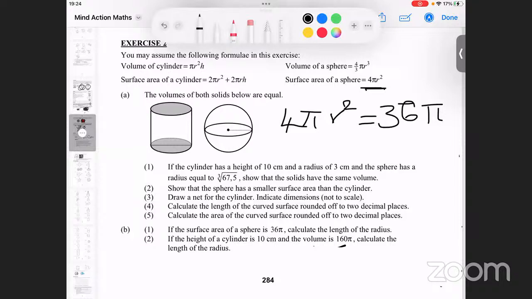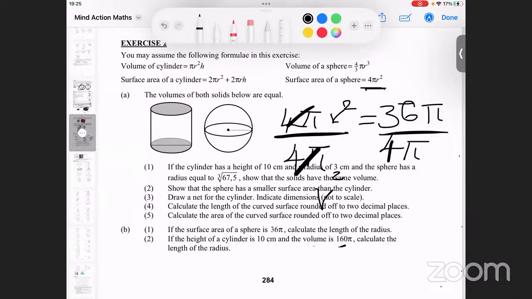Perfect. So the first thing we're going to do, we're going to divide with 4 pi because we want to be left with just r, ne? So we're going to divide everything with 4 pi. So this will cancel that one, and then we are left with r squared. And how do we remove this square? Can we use a square root? Perfect. So we're going to make use of a square root.